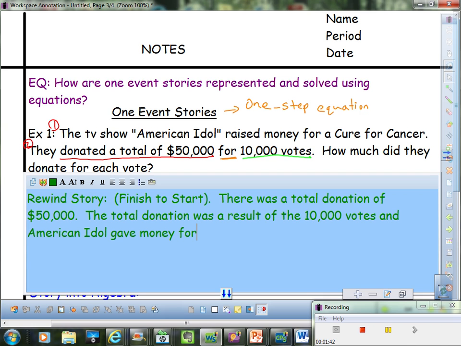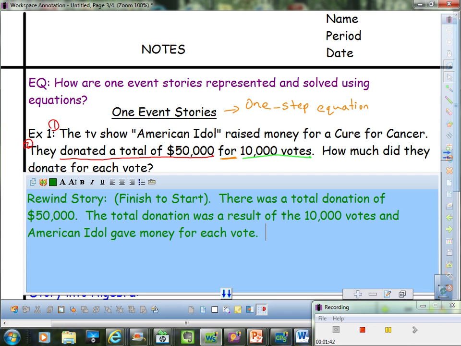Something had to happen in order for them to give money, right? They gave money for what specifically? That's the overall purpose, but yeah, they gave money for each vote. So then, go ahead and use your mind, and you can try to work it out somehow. Gave money for each vote.